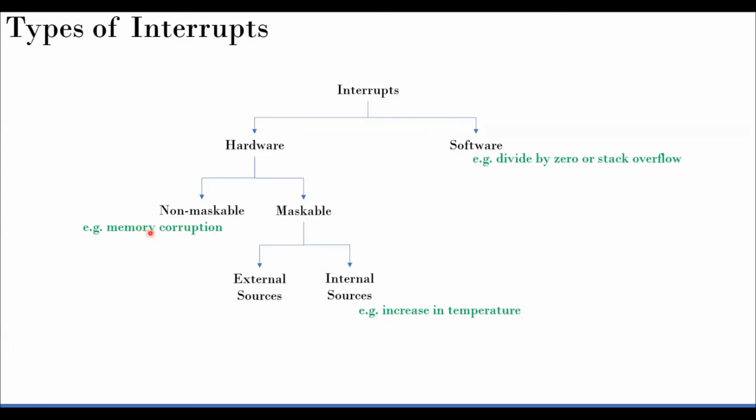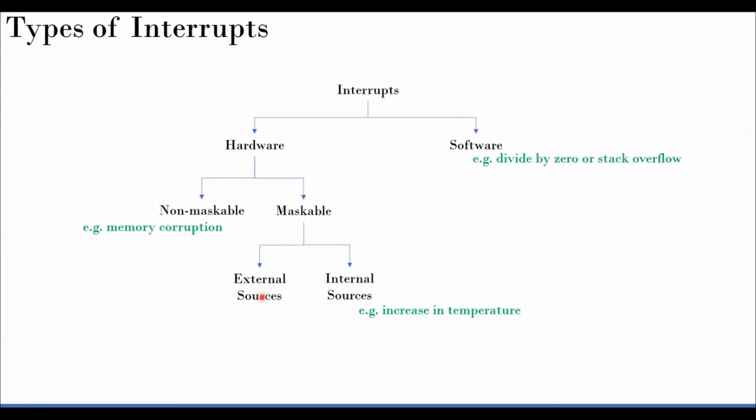For non-maskable, a classic exception is memory corruption. If you really make a mess of your memory, sometimes with heap and stack getting overlapped and all those things, it is non-maskable because your memory is corrupted. You cannot do anything. You just need to restart the system. So it is non-maskable. And for internal sources, increase in temperature: nowadays, it is put under non-maskable, but traditionally classified under maskable internal sources.